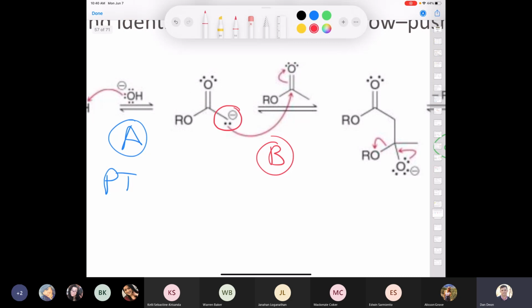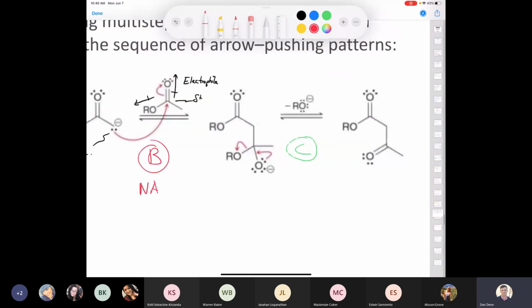We have a carbanion, yes, exactly. Thanks, Kelly. We have the carbanion, which can be a good nucleophile. We have a dipole going this way and this way. We have a delta plus here, so this is our electrophile. So what's happening here is a nucleophilic attack. Absolutely, we have a nucleophile and an electrophile.